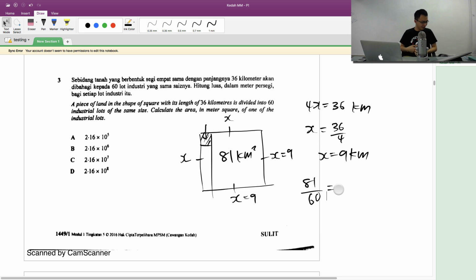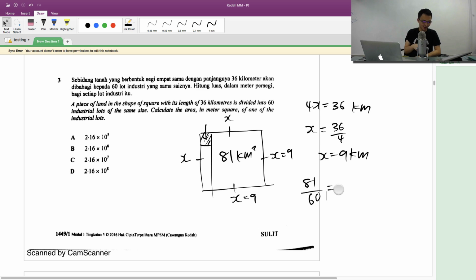So let me just read the question again. A piece of land in the shape of a square with the length 36 km is divided into 60 industrial lots of the same size. Calculate the area.